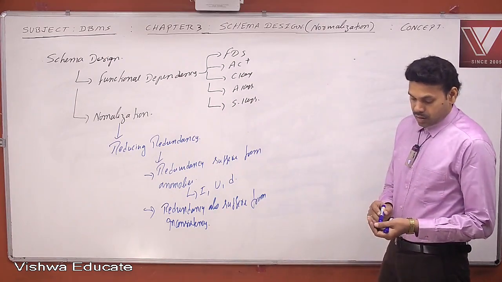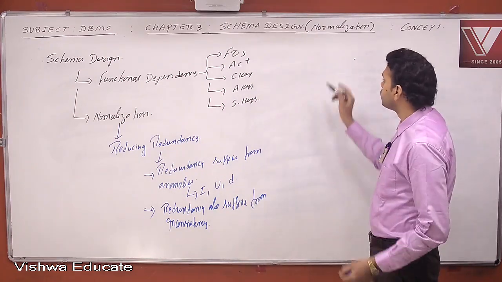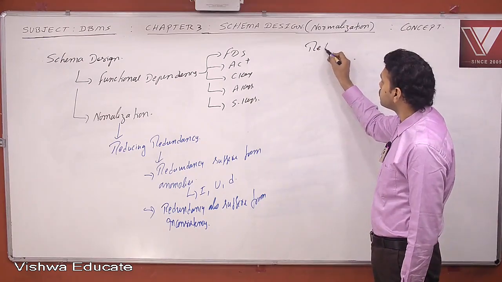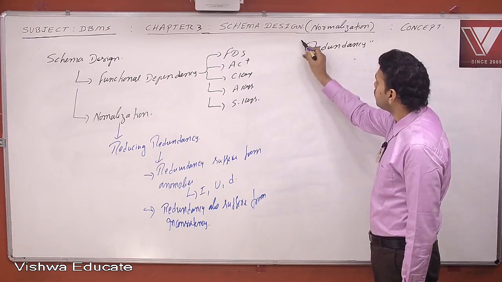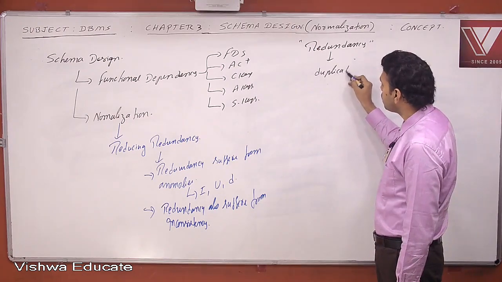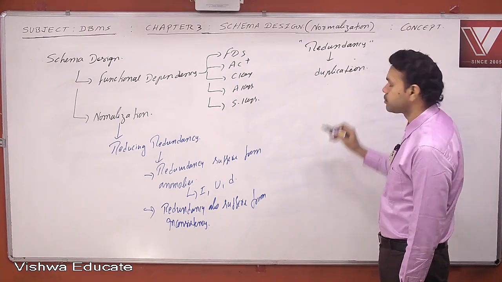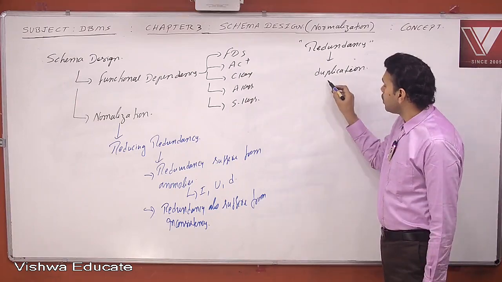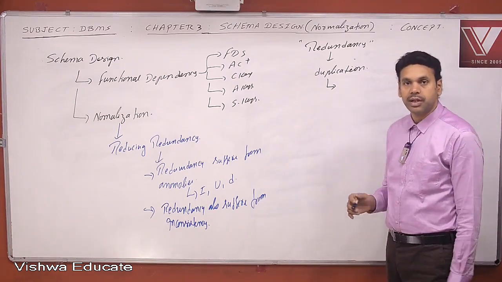Okay, how redundancy is creating the problems, I will show you. First, let us see what is redundancy. Redundancy is nothing but duplication. Now you see, there are a few varieties of redundancies.